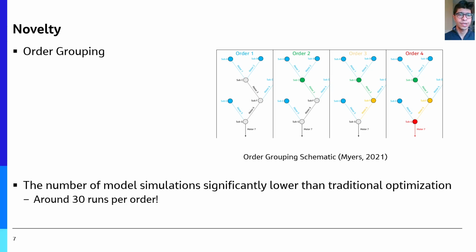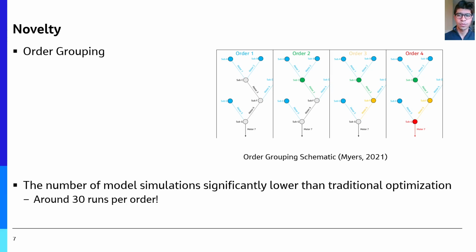Order 2 in green, you can see there is order 1 upstream of order 2. And in terms of the system branching together and developing, going downstream, order 3 would have order 1 and 2 upstream. And order 4, in this case shown in red, is downstream of order 1 and then 2 and then 3.